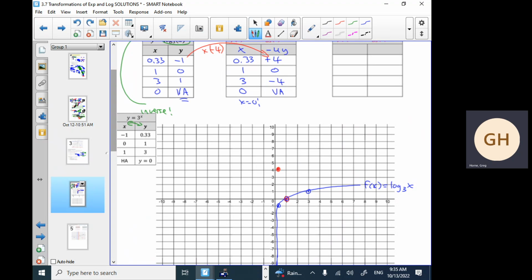And 3 is going to be down 4. It's a similar shape, but stretched taller, up and down vertically. We have our function: negative 4 log base 3 of x.